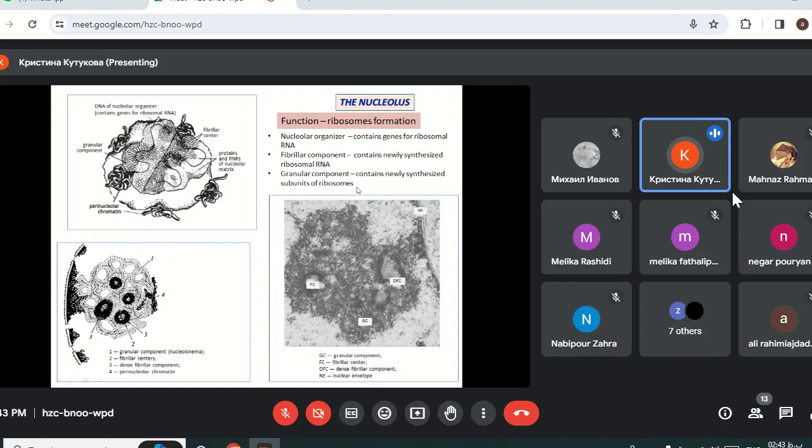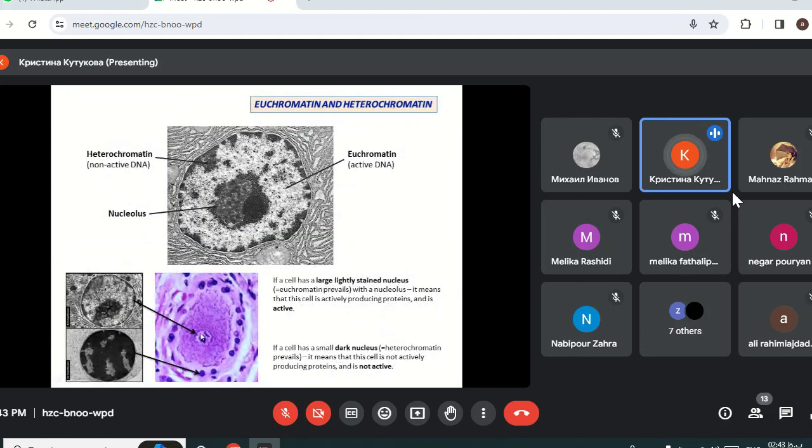Ribosomal subunit contains ribosomal proteins and ribosomal RNA. And these subunits will make the granular component of the nucleolus. So if we see the cell with a well-developed nucleolus, it will tell us that the cell is actively producing ribosomes, and it is also the feature of a cell which is actively producing proteins, because ribosomes are for making proteins.